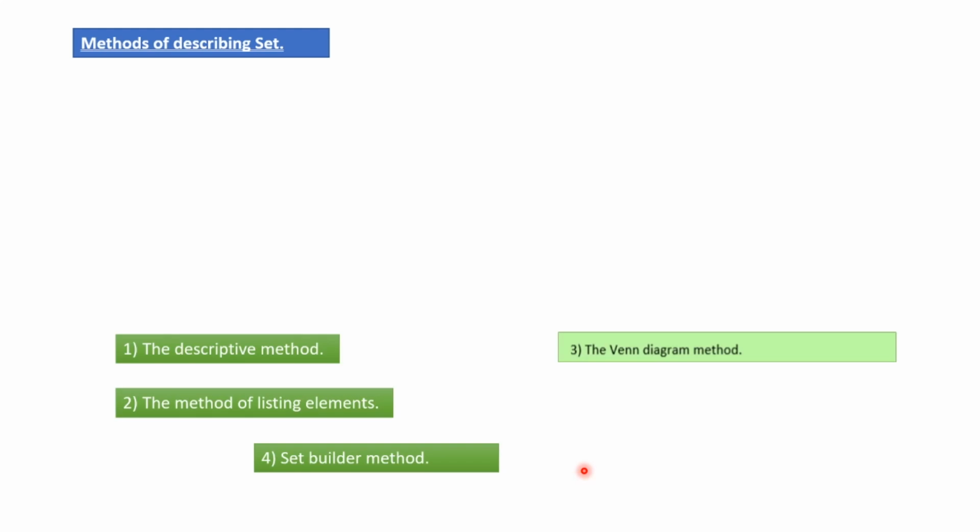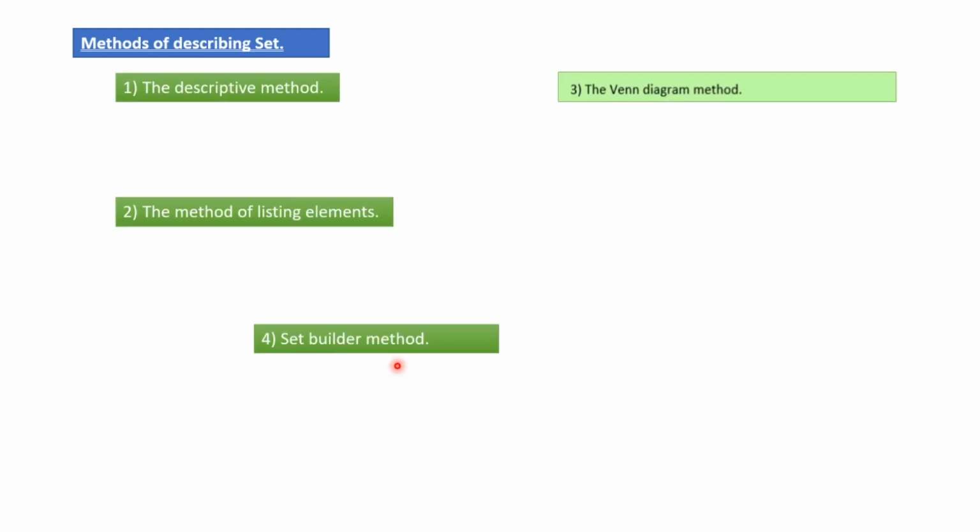Next one, methods of describing a set. How do you describe a set? There are 4 methods we are using. The 3 methods you already did in your previous grades: the descriptive method, the method of listing elements, and the Venn diagram method. The last one, the set builder method, you have done in grades 6, 7, 8, 9, and this one is new for you in grade 10.